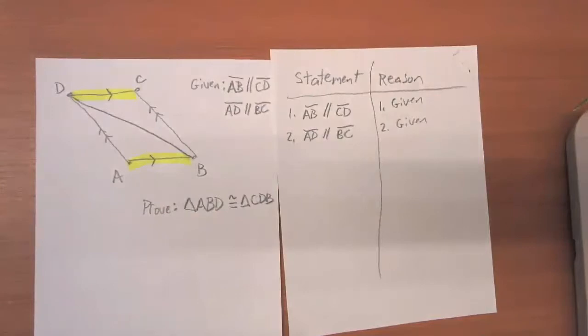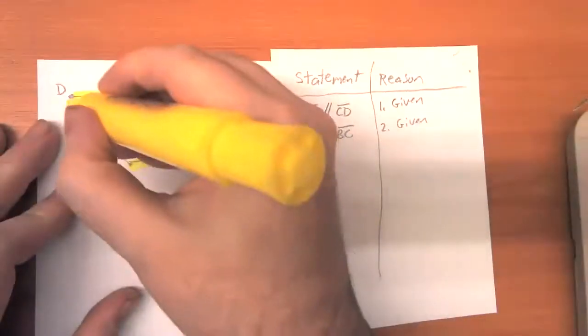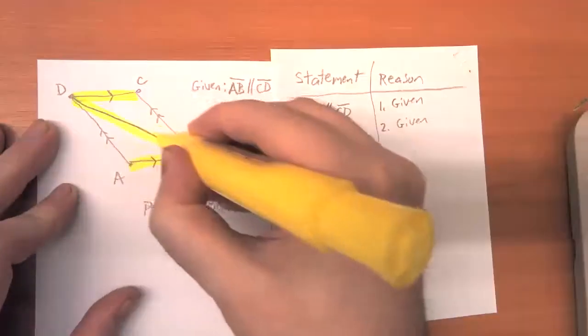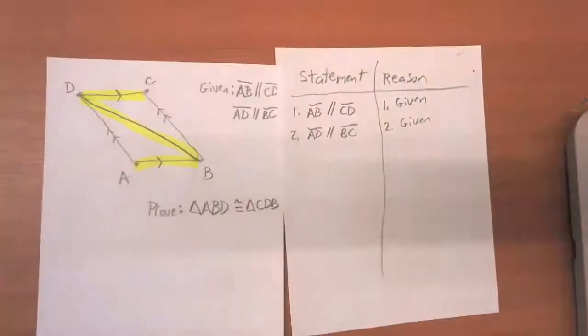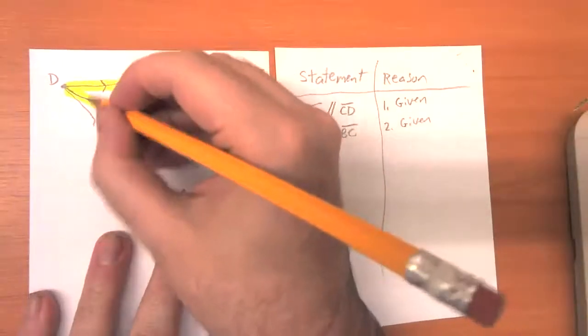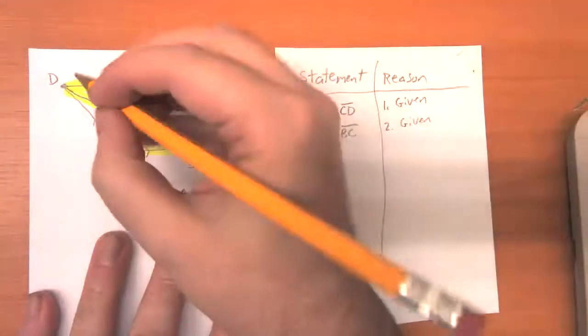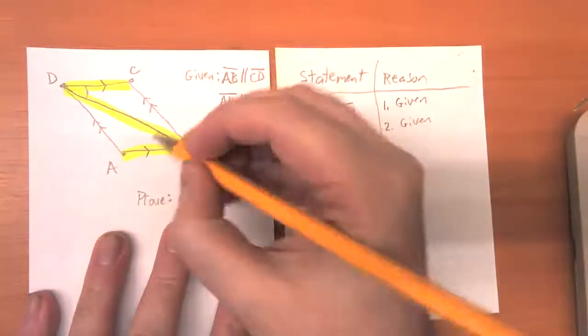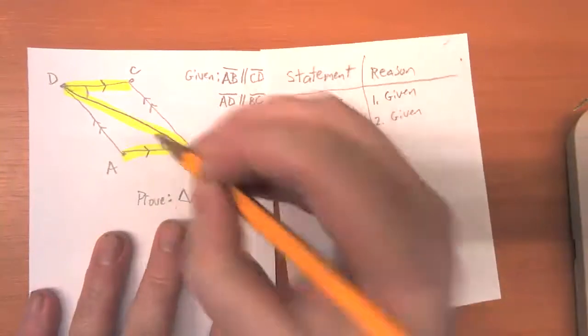Can you see some side that would complete a Z shape or a backward Z shape if we also highlighted that in yellow? Yeah, so we've got this diagonal here, and there's a backward Z right there from the two parallel sides and that transversal that cuts it. And so therefore, we know that the two angles that are composed from these three sides must be congruent.